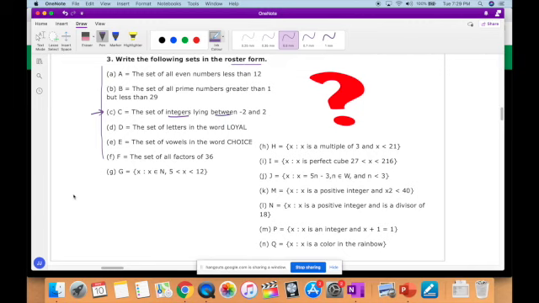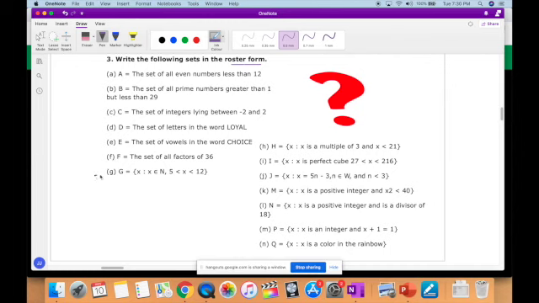So that means the roster form C is the set of integers lying between. They never said including the -2, so -1 is an integer, 0 is an integer, and then 1 is the other one. And they never said 2. Yeah? So you have to actually write out the elements there, right?